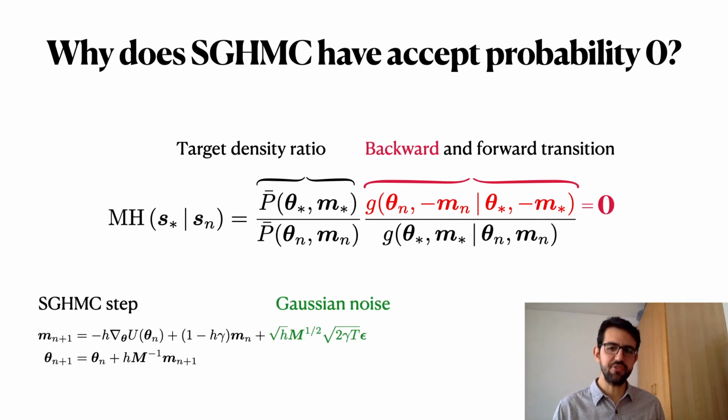You would think that the Gaussian noise in the scheme, here highlighted in green, would make it so the backwards transition is realizable if you get lucky with the backwards Gaussian sample. But it does not, chiefly because the Gaussian noise is d-dimensional, but the state space of SGHMC is 2d-dimensional, since it has both parameters and momentum. So you cannot make up the error with the backwards Gaussian sample.